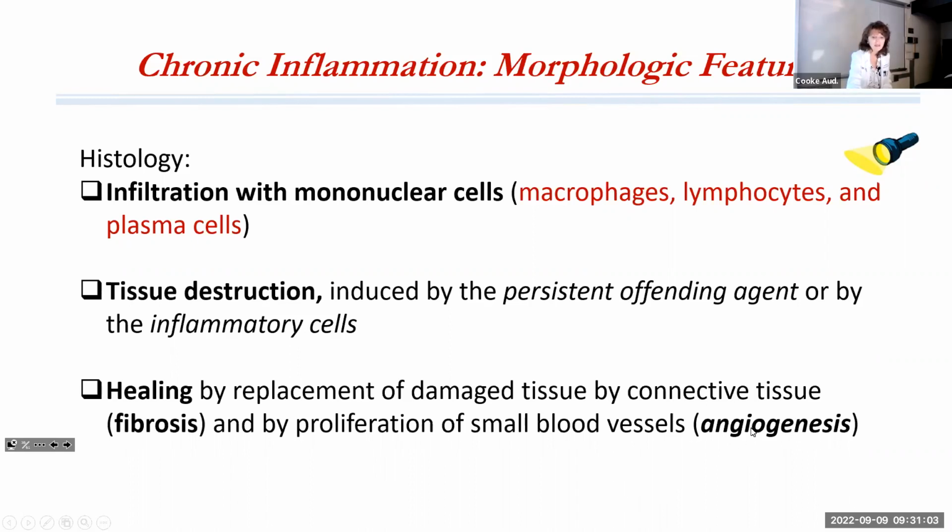Angio means blood vessel, angiogenesis, the genesis of the blood vessels. What do you call the genesis of the lymphatics? Lymphangiogenesis. Angio, blood vessel, lymphangio, lymphatic, lymphangiogenesis. All these words have a lot of logic in them.